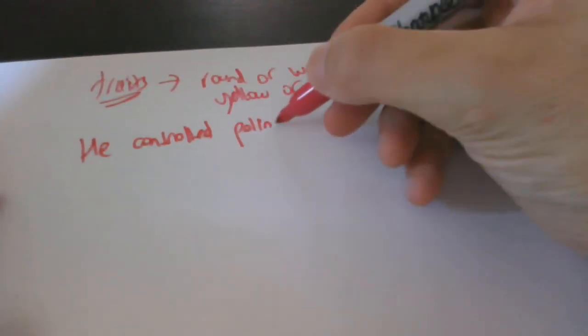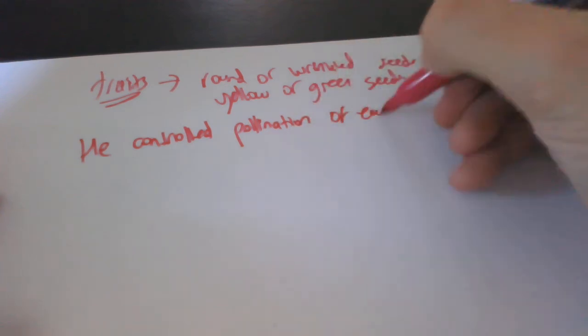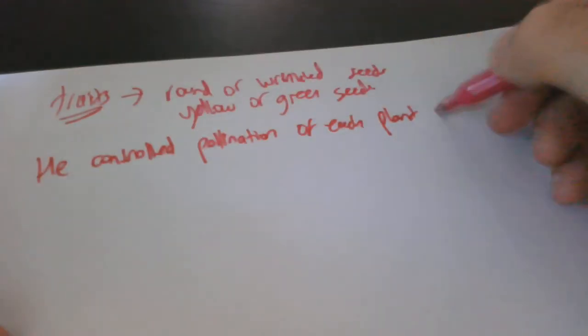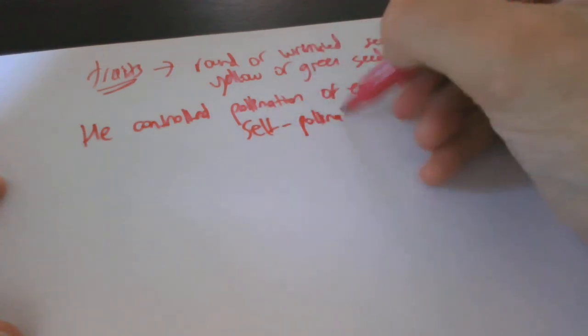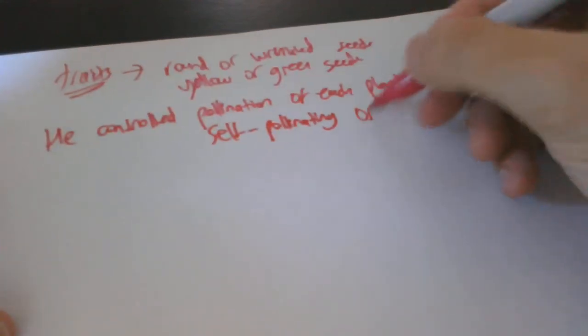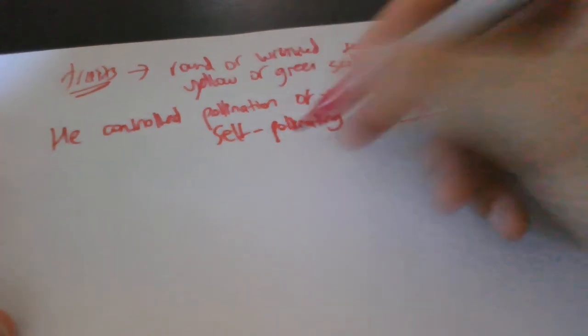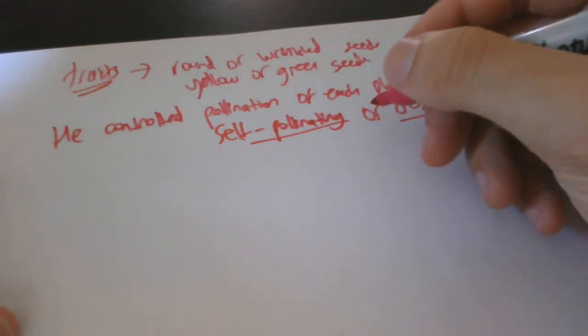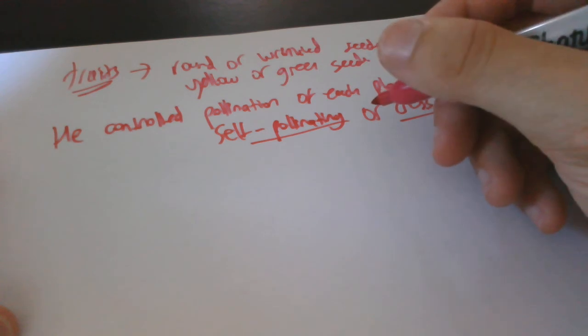So he controlled pollination of each plant via self-pollinating, which I'll talk about very shortly, or cross-pollinating. These are good words to know.